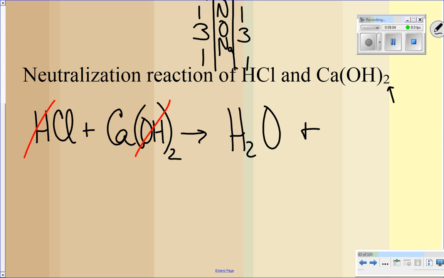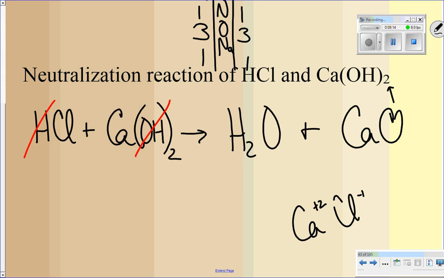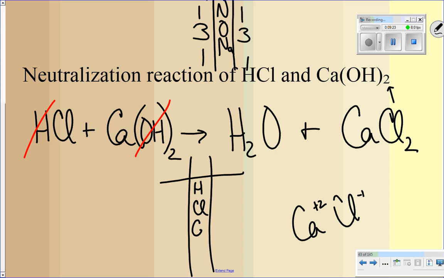My remaining product is going to be comprised of calcium, which has a +2 charge, and chlorine, which has a -1 charge. This will give me CaCl2.